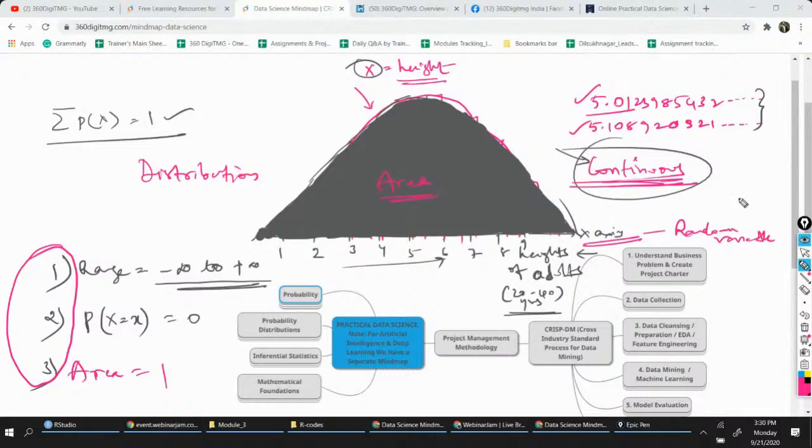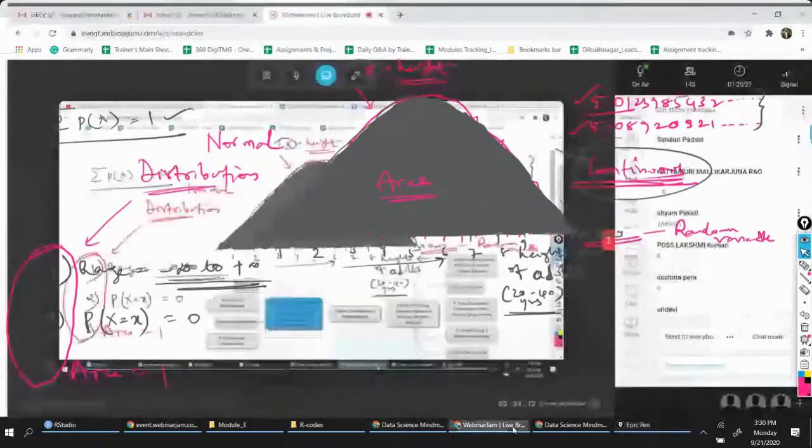And if the random variable that we are looking at is continuous in nature, continuous means you can measure to any desired accuracy, then such type of data will have distribution which follow these properties. And because we are collecting the data under normal conditions, statisticians have given a name to this which is called normal distribution. And these are the characteristics of these normal distributions. Making sense, everyone? Are you able to understand the probability distribution concept here?